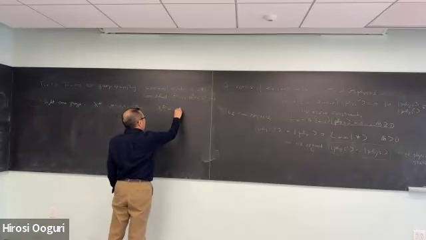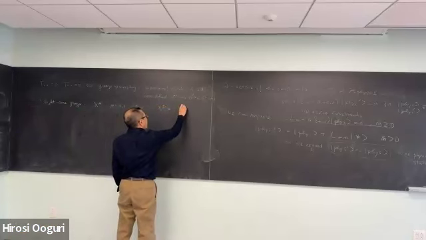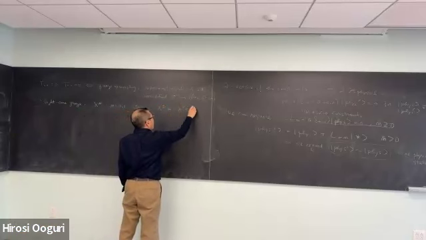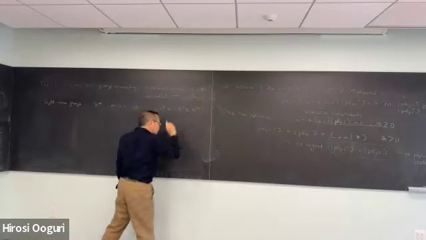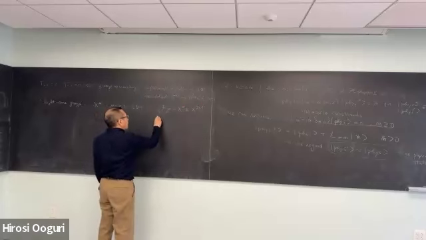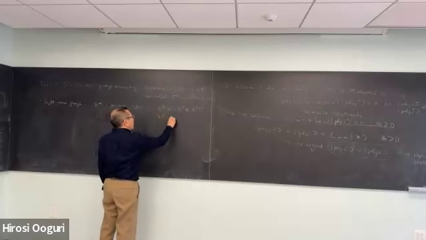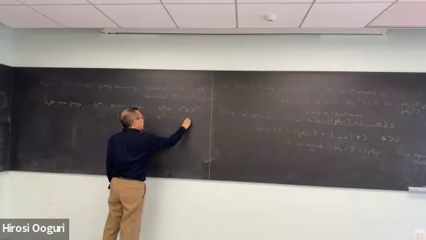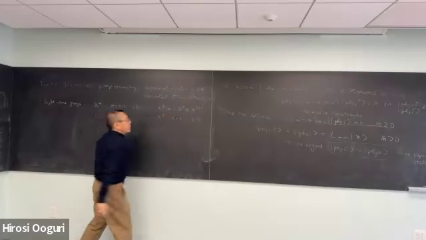For example, I can take x plus and minus to be x0 plus and minus x d minus 1, and then the rest x i, where i goes from 1 to d minus 2.